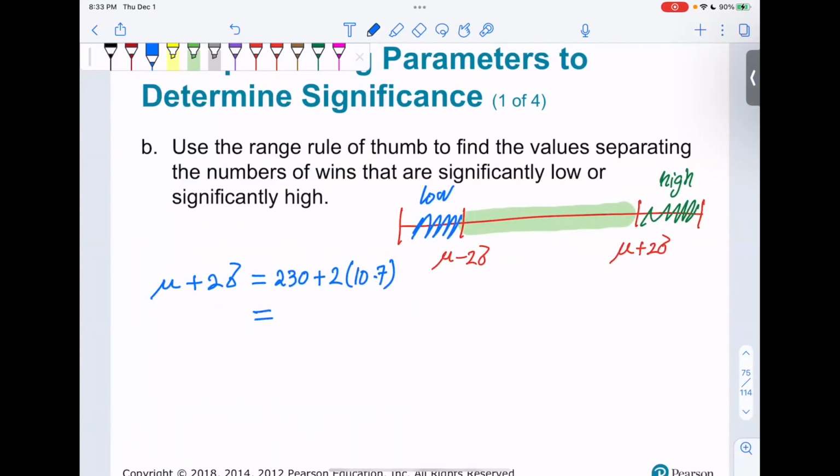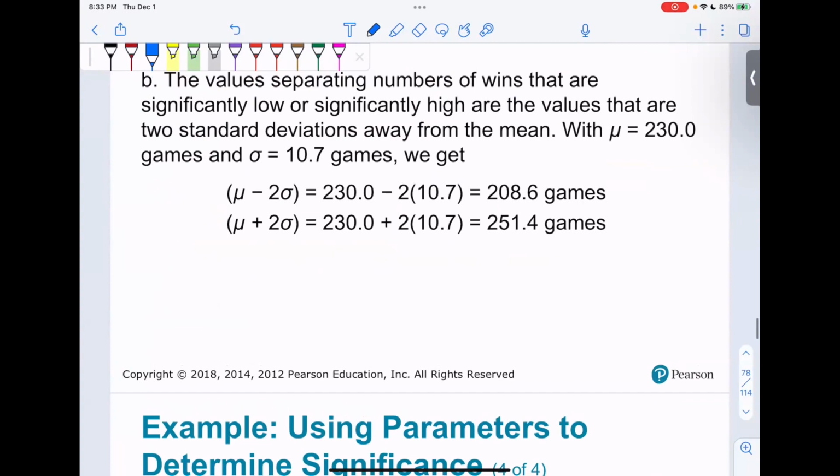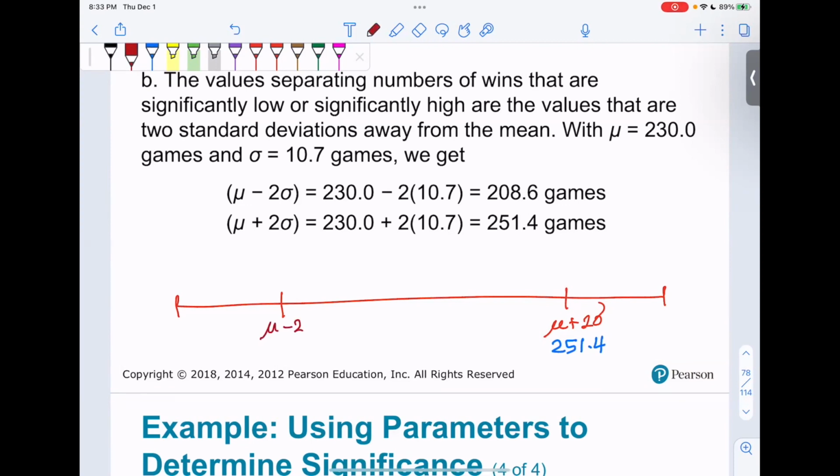If you calculate those values, mu plus 2 sigma equals 251.4, and mu minus 2 sigma equals 208.6.